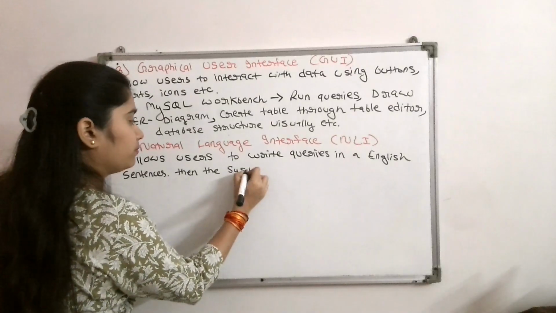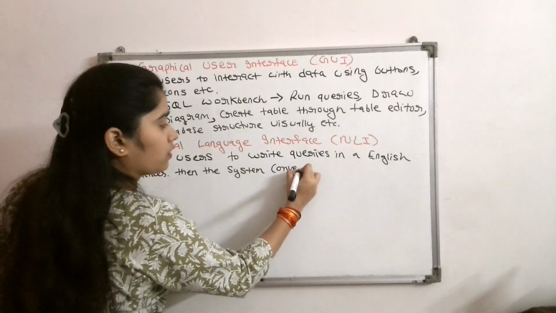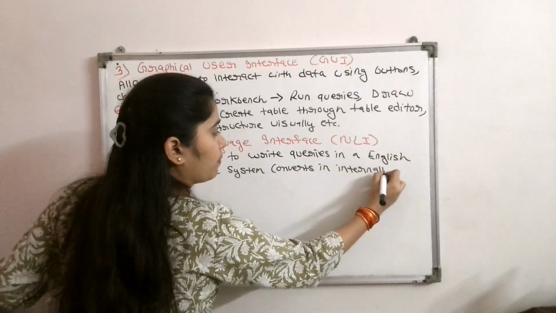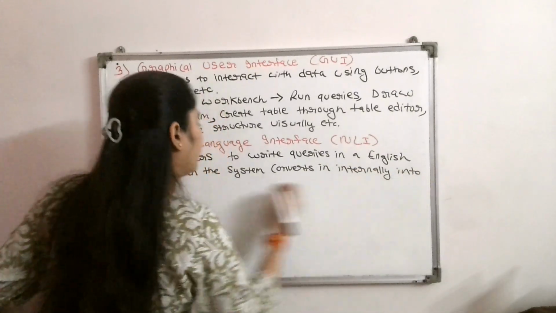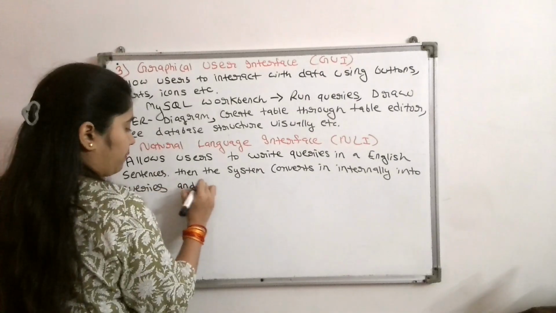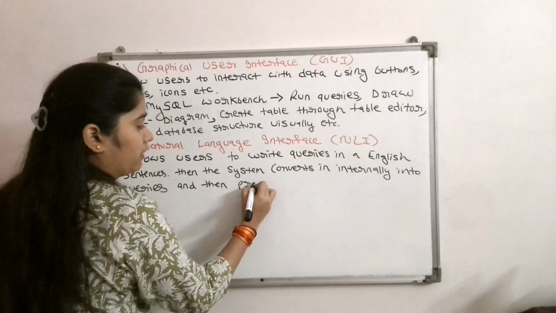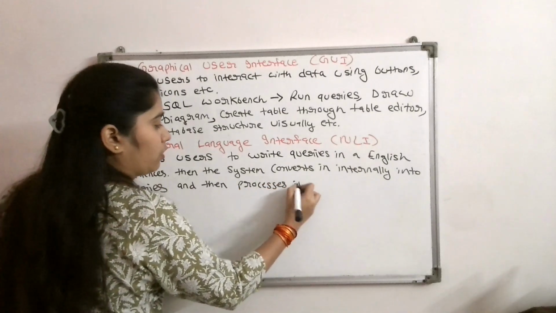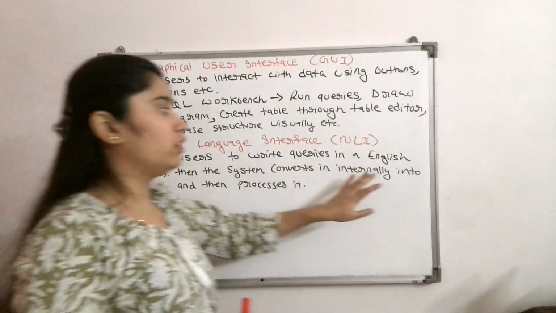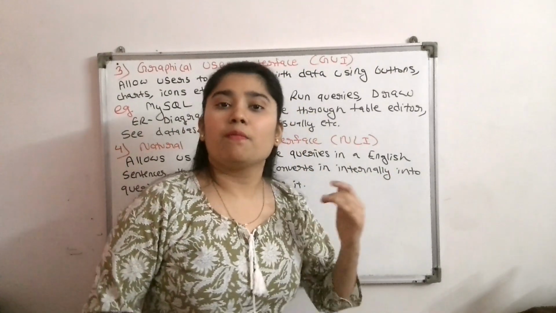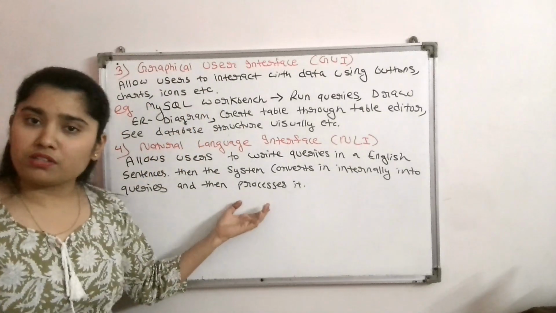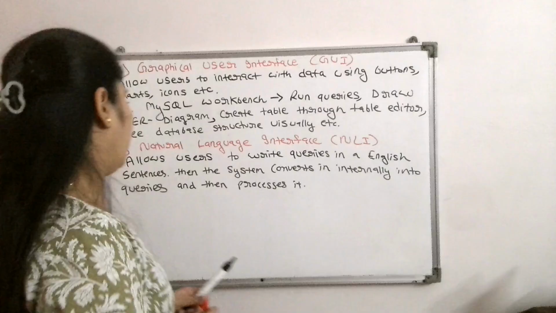Then the system converts it internally into queries and then processes it. I hope you are clear with the natural language interface also. It allows the users to write queries in an English sentence, then it converts the sentence internally into queries, processes it, and responds to you accordingly.